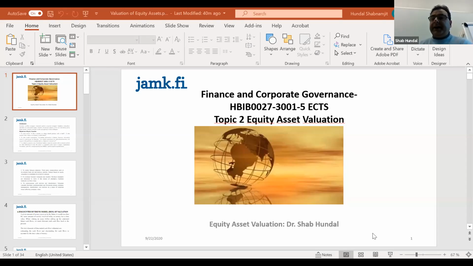valuation of equity assets. And as I said, in your project, when you will be doing the valuation of FinAir and KLM, and you want to do some bidding, either you want to sell FinAir to this French KLM, or you want to buy KLM, it will largely depend upon how you find the value of both companies and try to find which one is a good bargain.